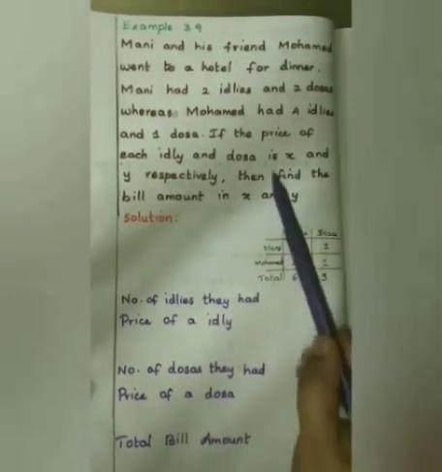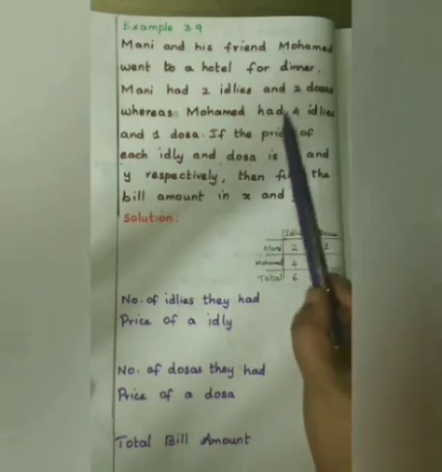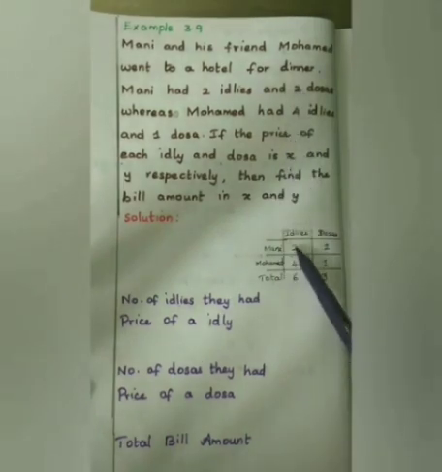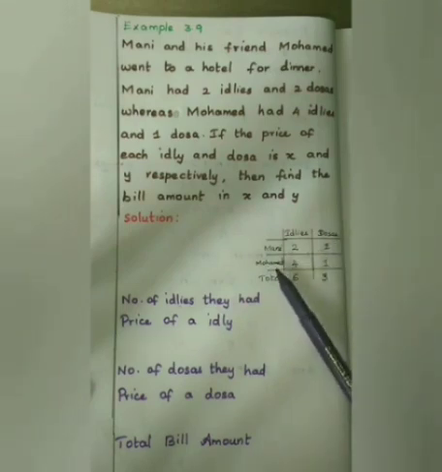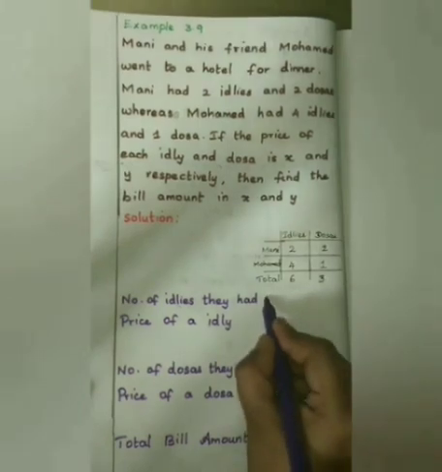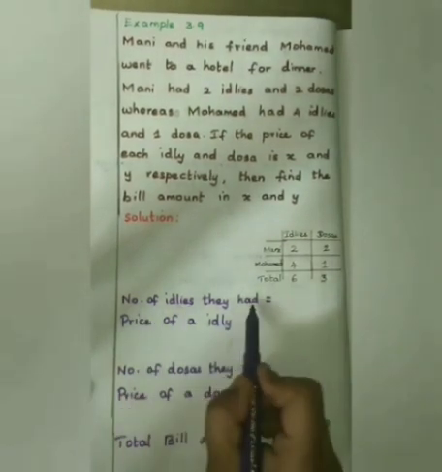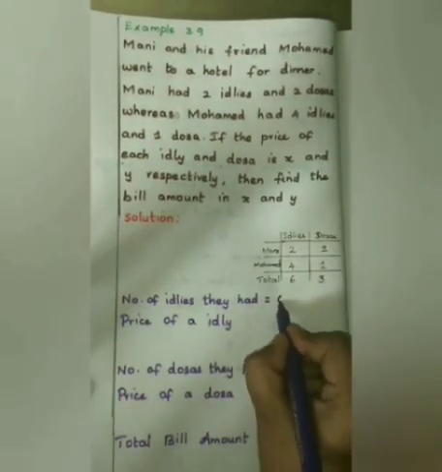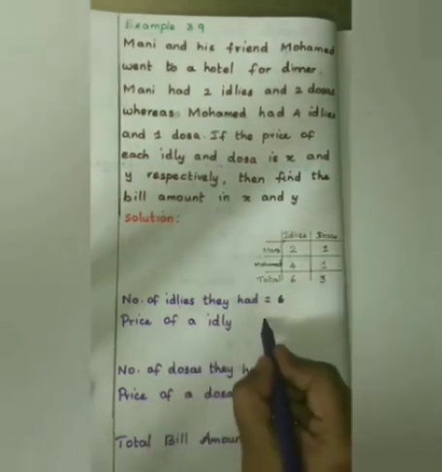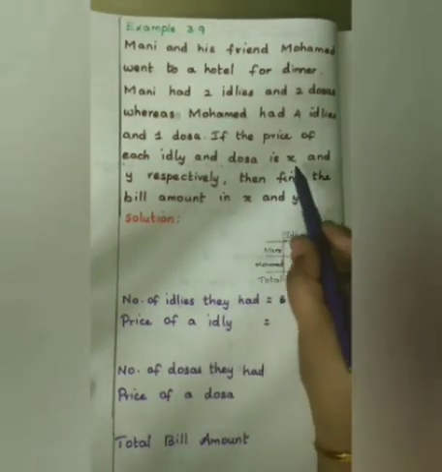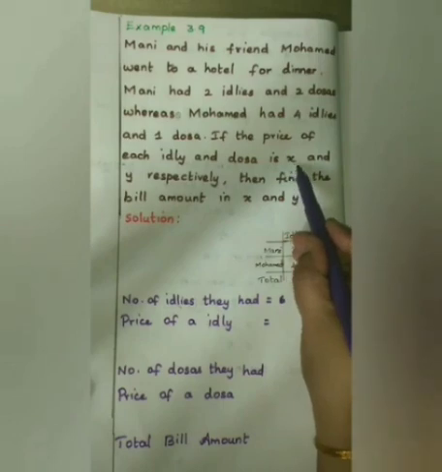First, let us find how many idlis and dosas they both had. Mani had 2 idlis, Mohammed had 4 idlis, so total 6 idlis they both had. And Mani had 2 dosas, Mohammed had 1, and total 3 dosas they had. Number of idlis they had, that is 6. Price of idli is given here as x.